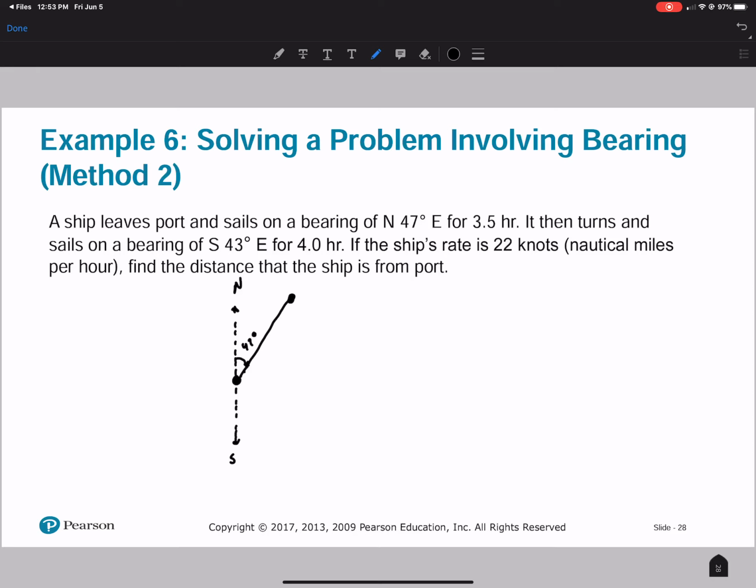Then it says it turns. So now I'm going to make another north and south. And this says it turns south 43 degrees. So I have to go from here to here, which would be 43 degrees.